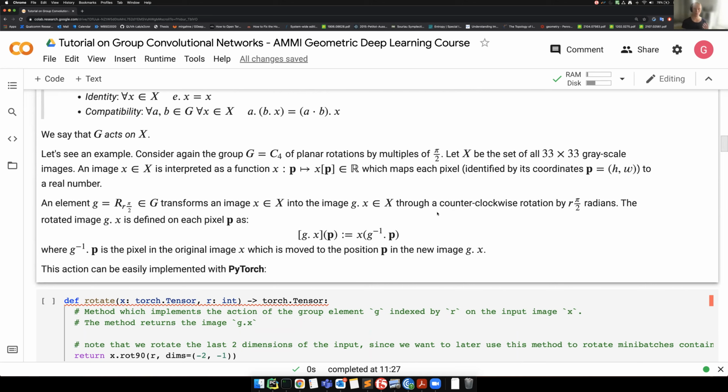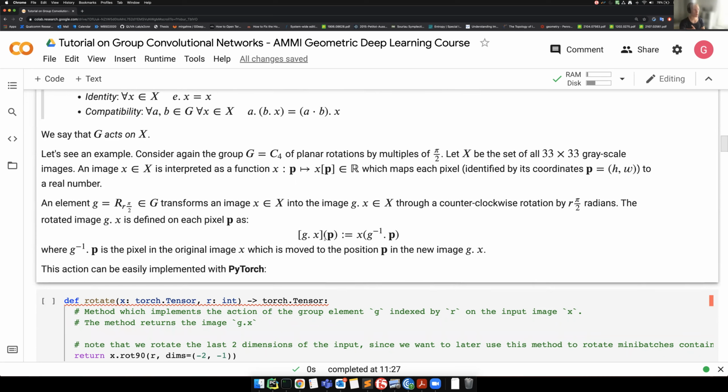So how do we define precisely a rotation of an image by a group element? Well, first of all, the rotations we consider are counterclockwise, so a rotation by 90 degrees is counterclockwise for us in this case.